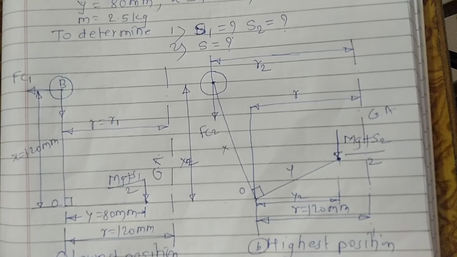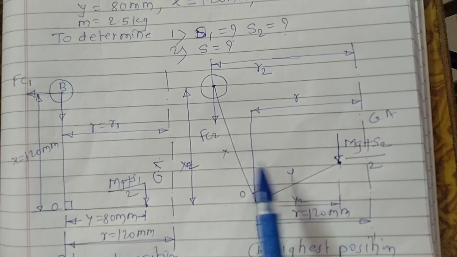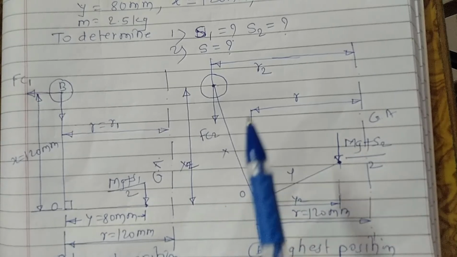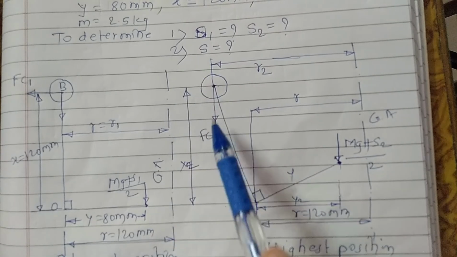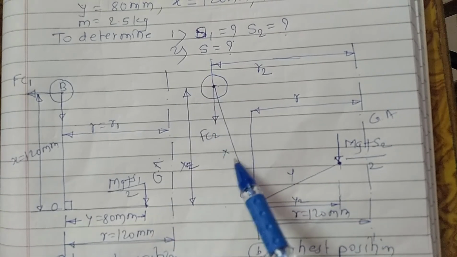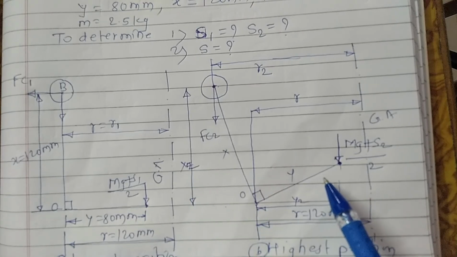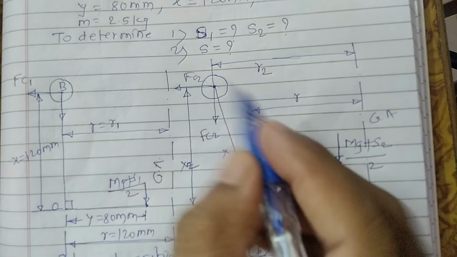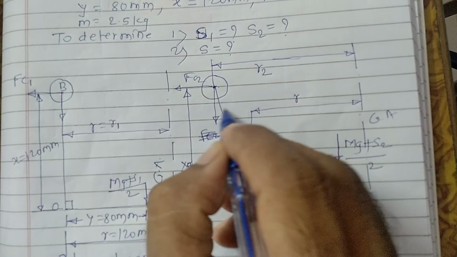This problem we are solving by neglecting the effect of obliquity. So y2 and y become the same, and if the configuration changes, then at this configuration this is the distance x2. But while taking the moment, you need to consider x and x2 as the same, and similarly y and y2. Here Fc2 is indicated, and this indicates the weight of the ball, 2.5 kilogram is given.